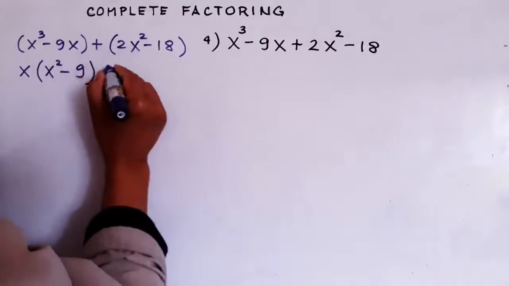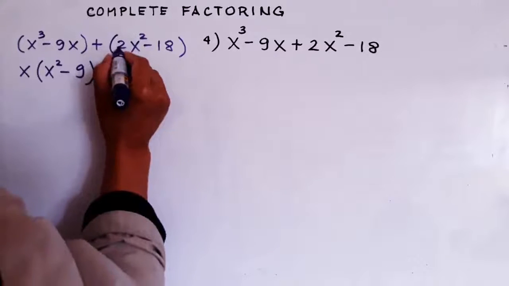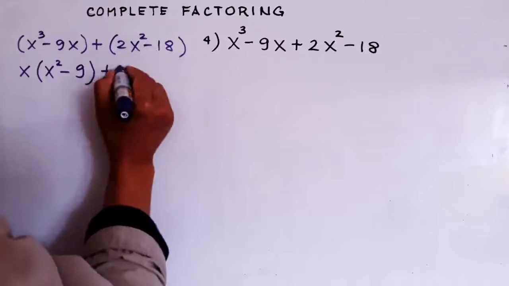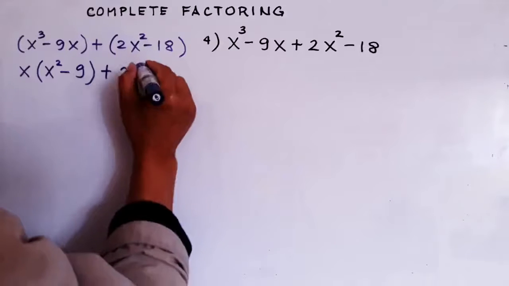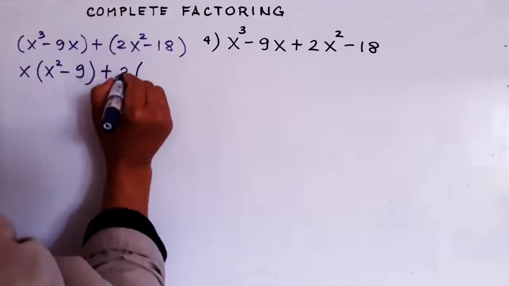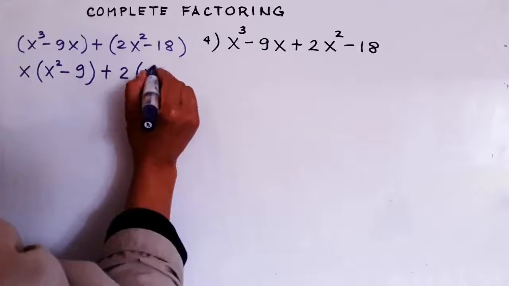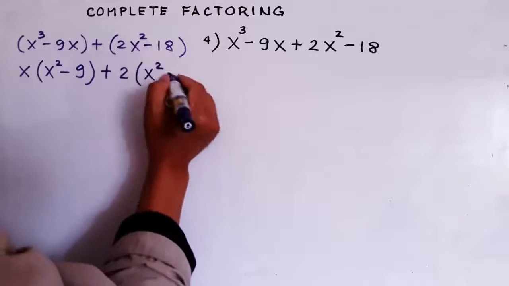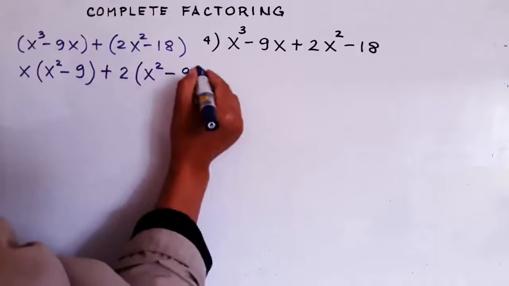Okay, plus, and the common factor of 2 and 18 is 2, and then what x? No, we don't have the x there. So 2 divided by 2 is 1, x squared. So we have x squared here, minus 18 divided by 2 is 9.